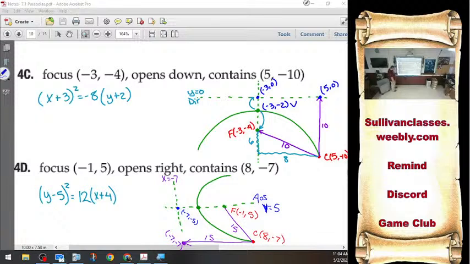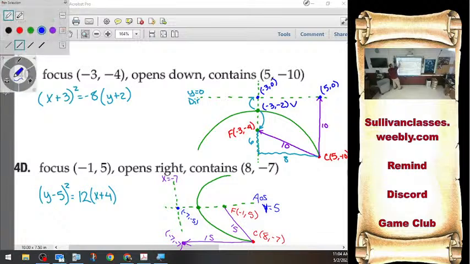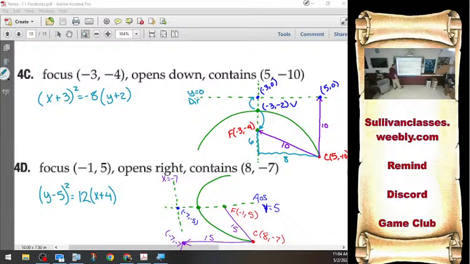Halfway in between -7 and -1, add them up, divide by 2. Y'all remember that? Why did I put a negative? Probably because this was trash. Okay. Your midpoint formula.